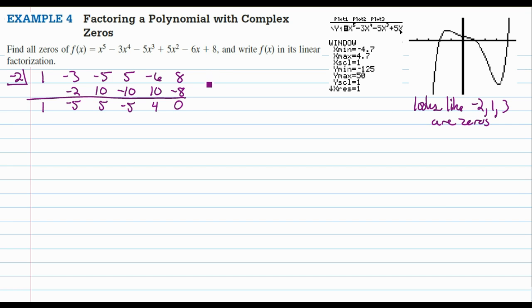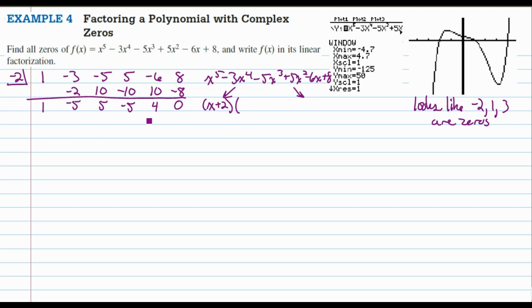So I have started out with the function x to the 5th minus 3x to the 4th minus 5x cubed plus 5x squared minus 6x plus 8. And now, after putting -2 through synthetic division, I have broken up that polynomial function. If -2 is in fact a 0, because it has remainder 0, that would be x minus -2, or x plus 2, is the factor.